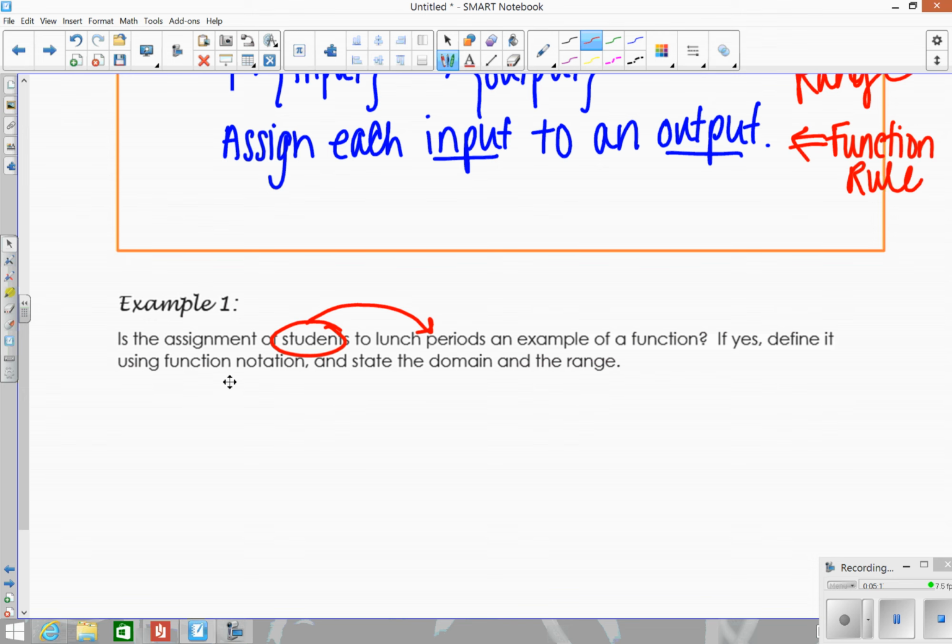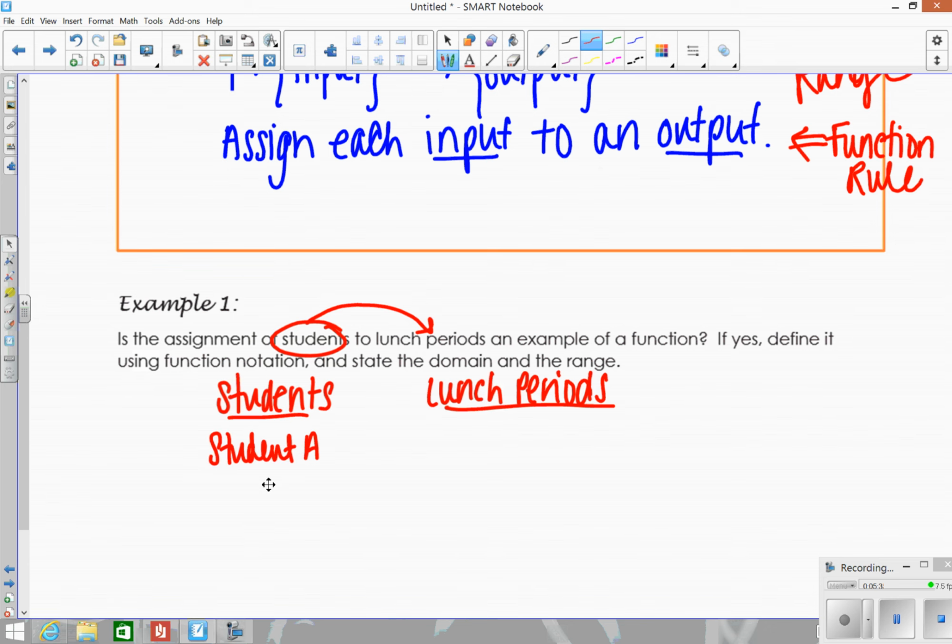So let's represent this scenario so that you can visually see it. We have our students, and we are going to assign them to lunch periods. Let's write student A, student B, student C. These are just random students that we're picking to look at.